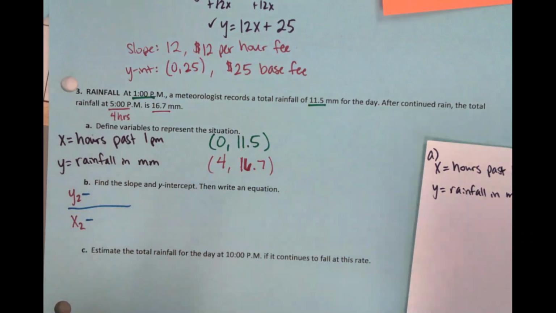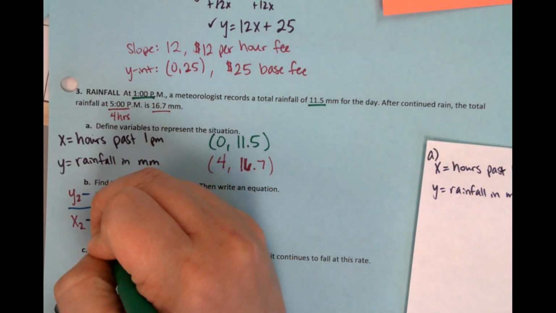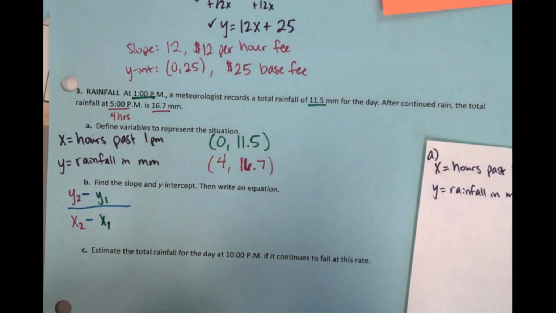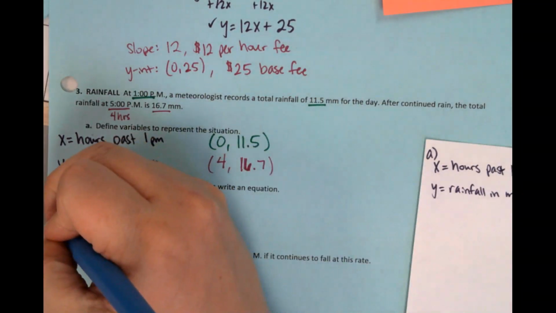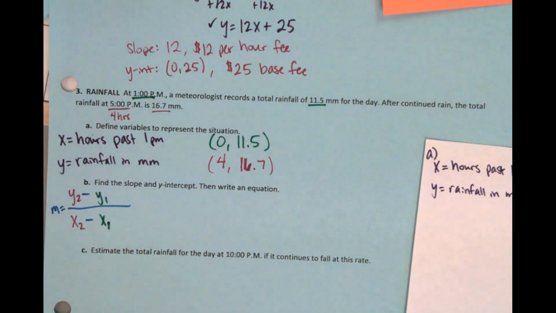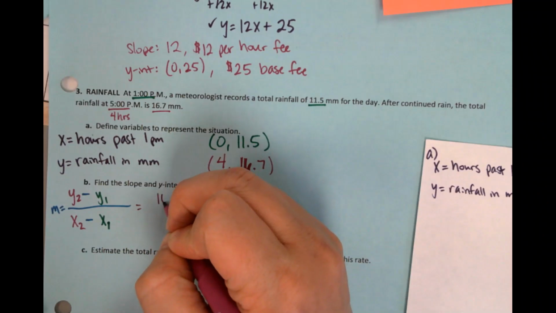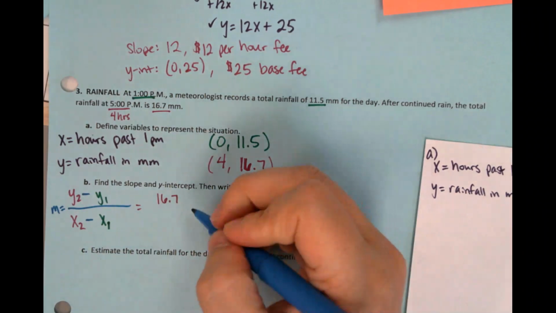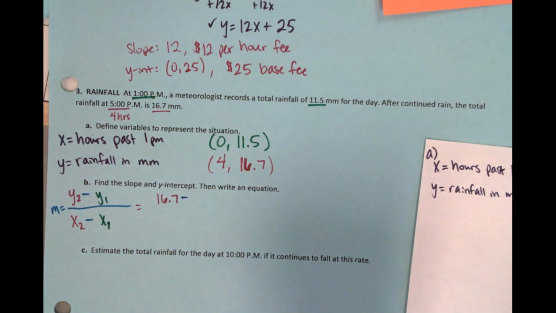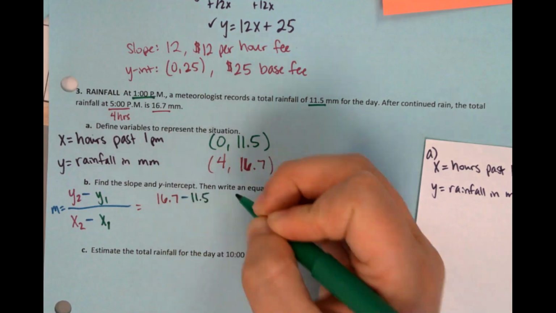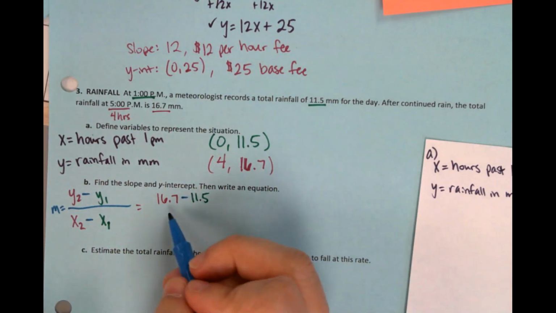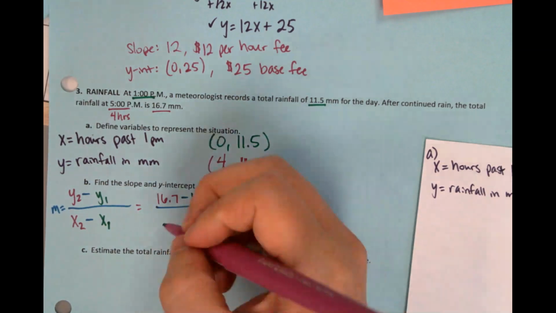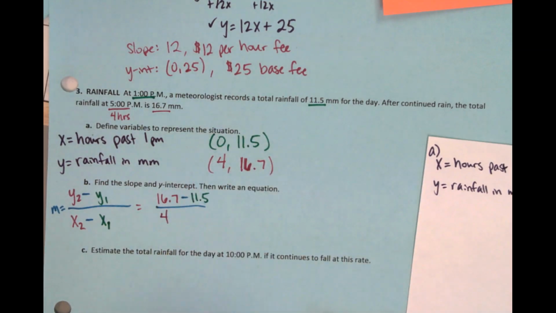All right, this is our slope. So y2 is 16.7. We're going to subtract the 11.5. x2 is 4 minus 0.